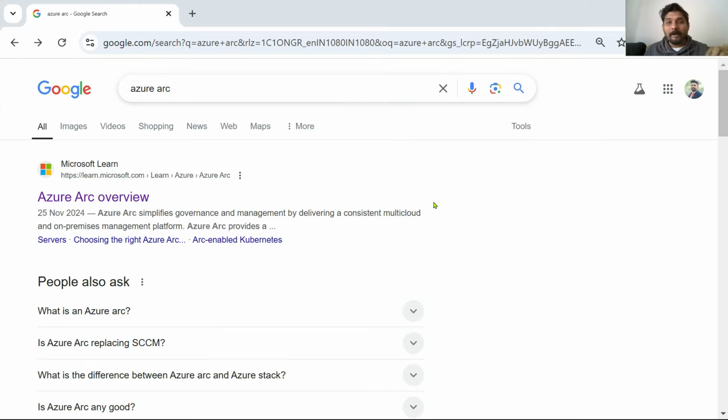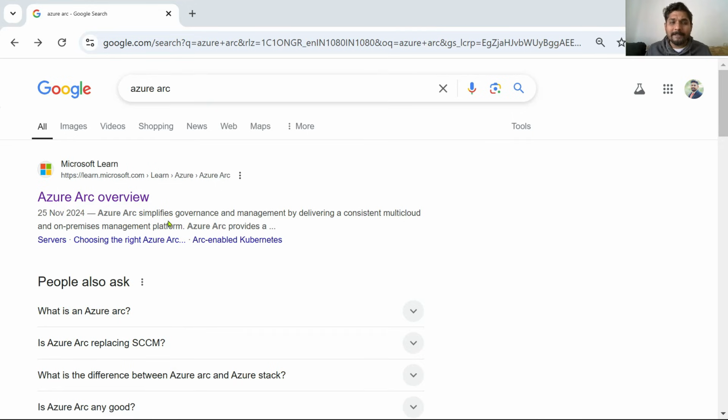Now, when you have multiple different environments, you can have a private cloud, a hybrid cloud, a public cloud, or a multi-cloud environment. To manage and govern, you need a set of technology so that you can manage what's happening, what you are doing, and how much cost you are putting on this vendor or that vendor. There are many things you would like to manage and govern. Now there is a technology called Azure Arc.